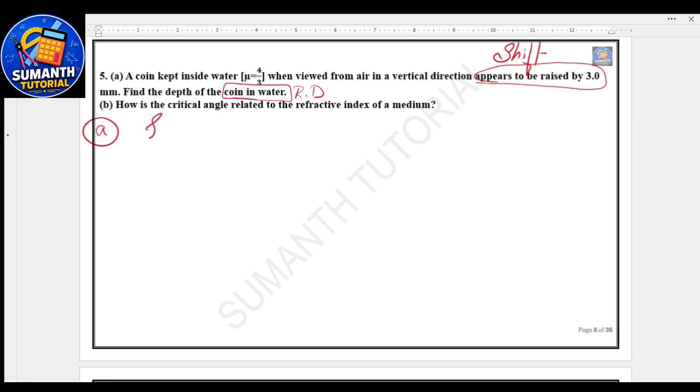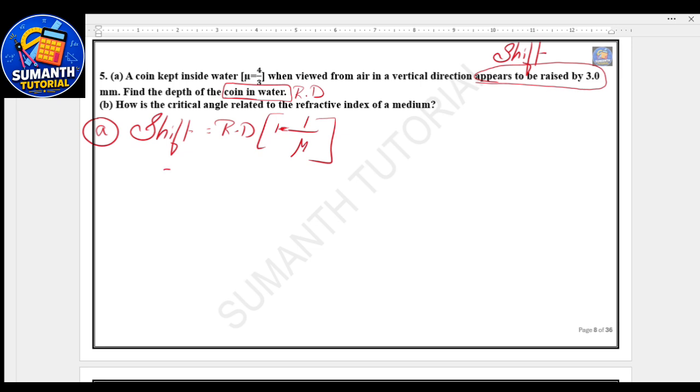See here, use the formula. Shift is equal to real depth times (1 minus 1 by mu) is the formula. So this is minus here. Don't get confused. Now substitute.